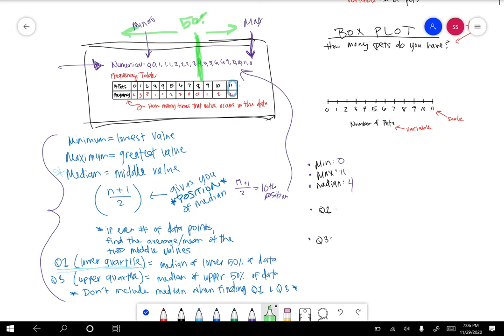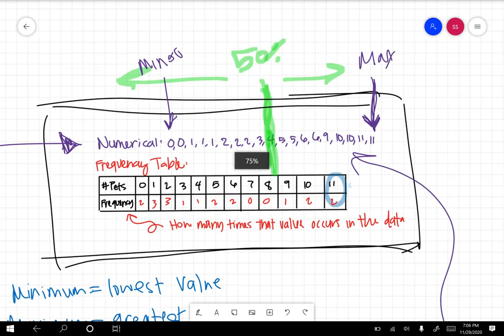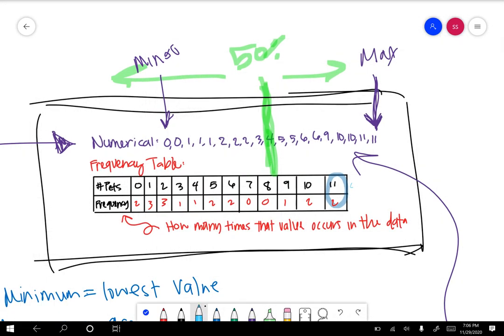So if we were to find the median of the lower 50% of the data, Q1, I'm going to zoom in here real quick so you can see it better. For the lower 50%, I'm looking at these numbers right here. So we have 1, 2, 3, 4, 5, 6, 7, 8, 9. We have 9 data values.